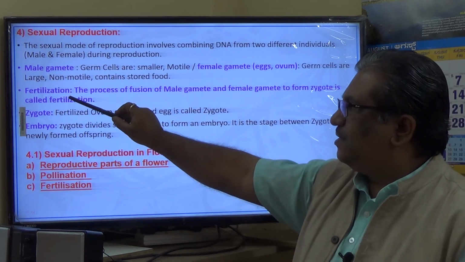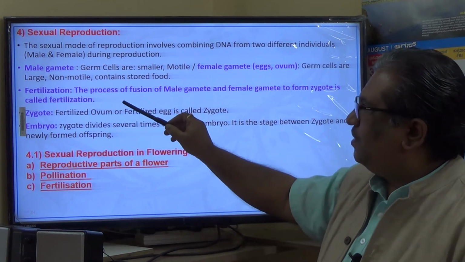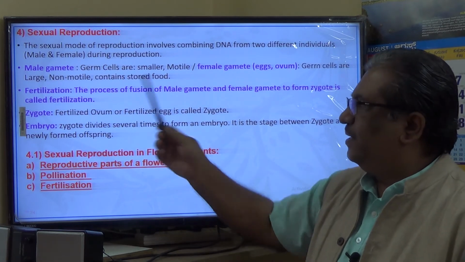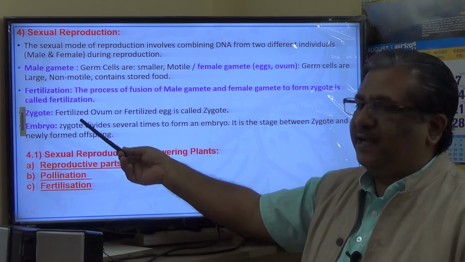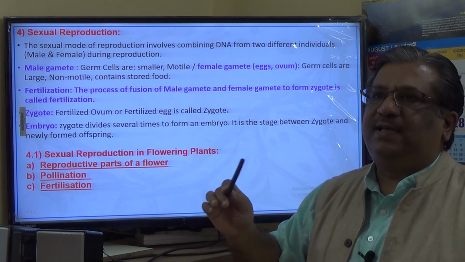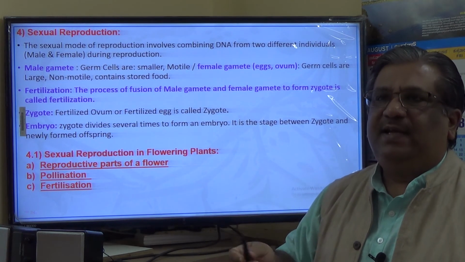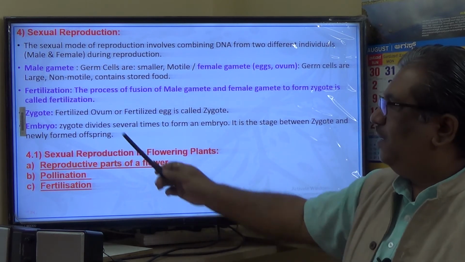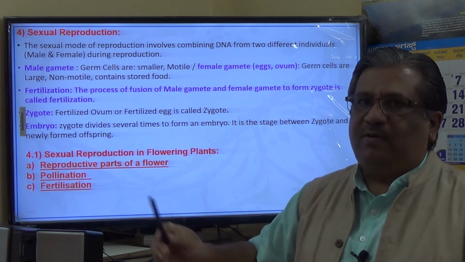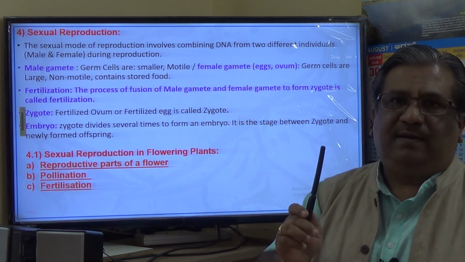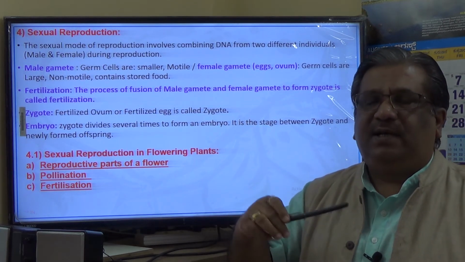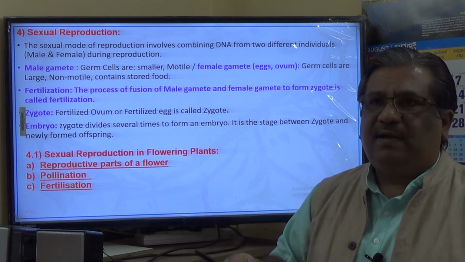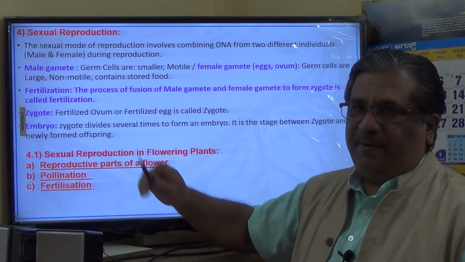What is fertilization? The process of fusion of male and female gametes to form a zygote is called fertilization. What is a zygote in that case? Zygote is a result of fertilization. In simple terms, it is a fertilized egg. Then comes the embryo. The zygote, remember, is one cell, and it continuously divides to form a mass, and that mass is called embryo.